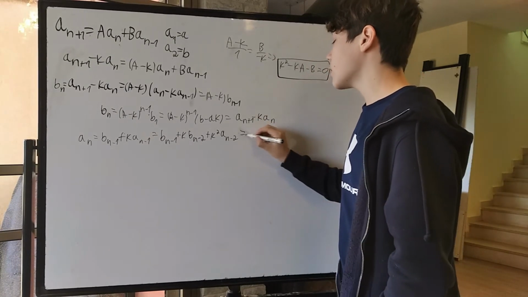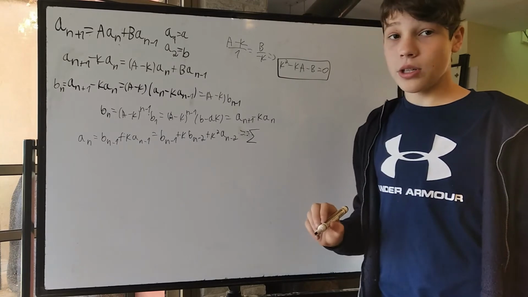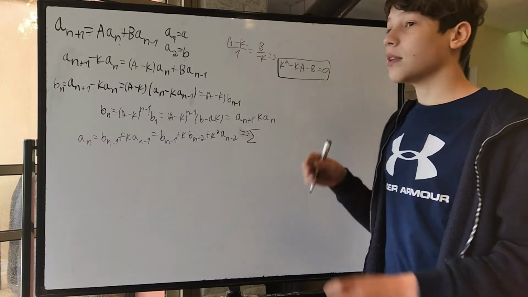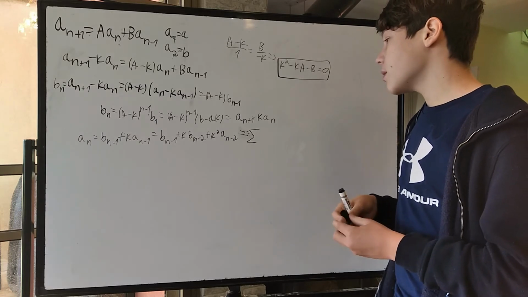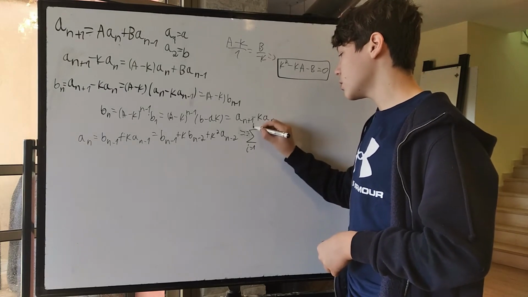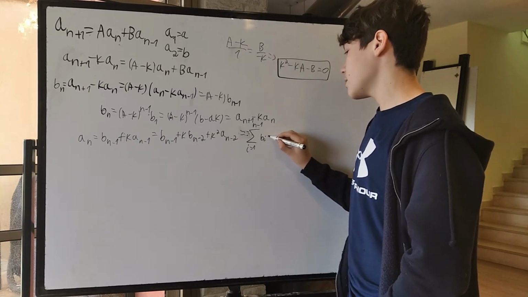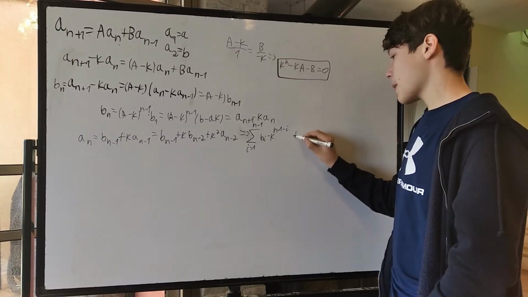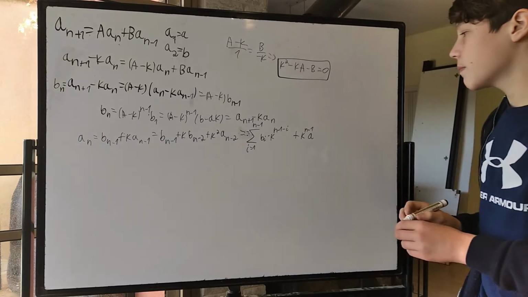And then if we continue on like this, we'll get that eventually, after replacing each number with this formula of bn, until we get to a1, we will find that an equals the sum going from 1 to n minus 1 of bi times k to the n minus 1 minus i, plus k to the n minus 1 times a1, which is just small a.